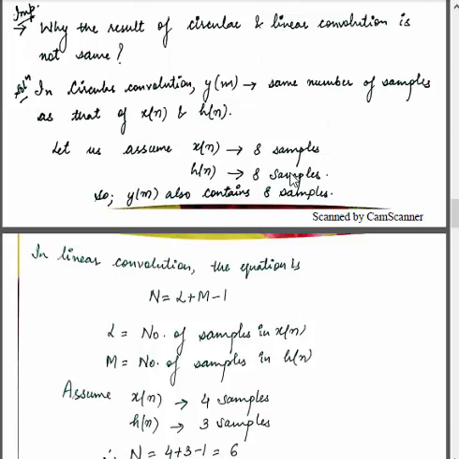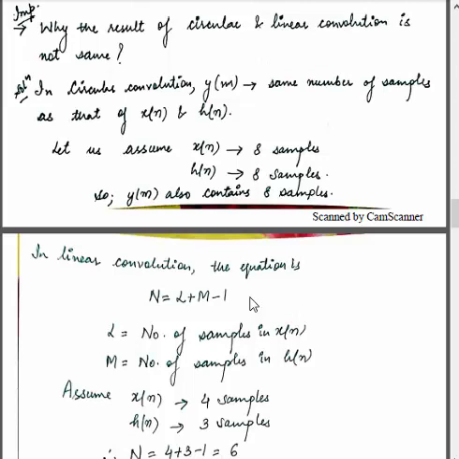Let us take another example. If x of n has 4 samples and h of n has 4 samples, the output also has 4 samples. But in linear convolution, the equation is N is equal to L plus M minus 1. L is the number of samples in x of n, and M is the number of samples in h of n.